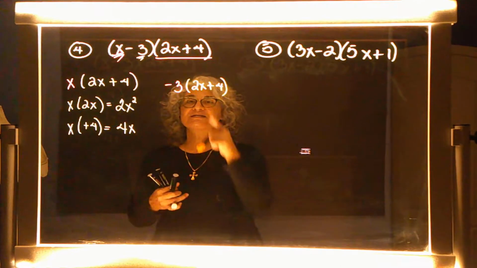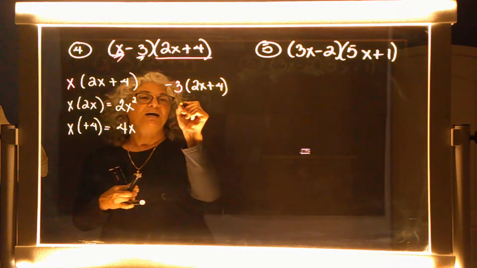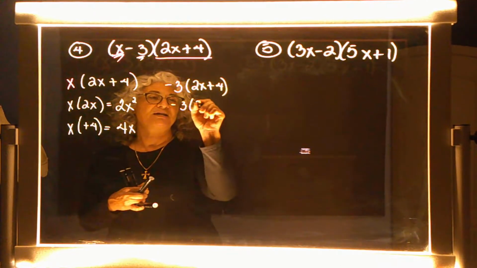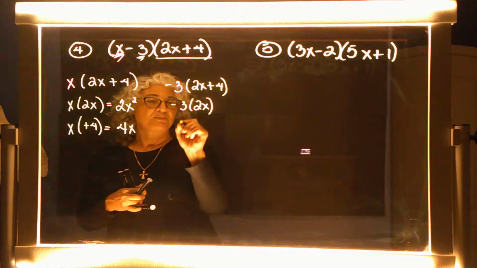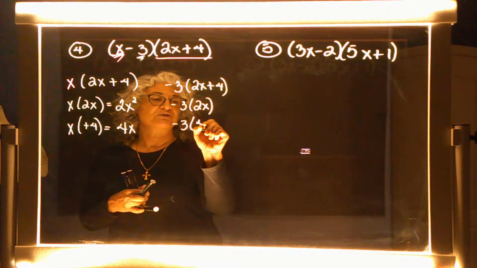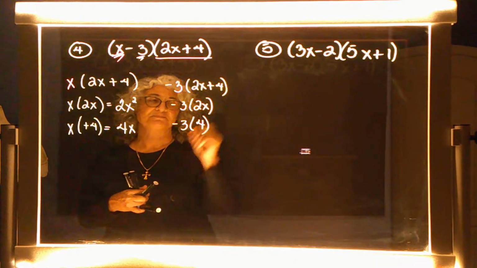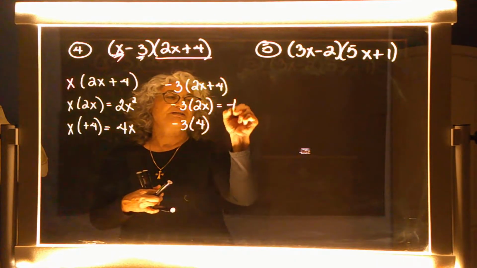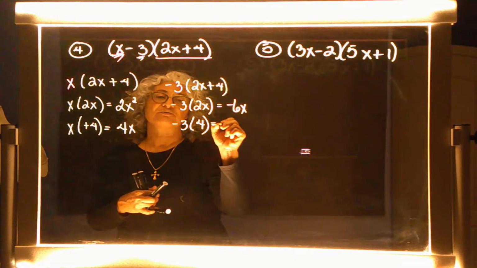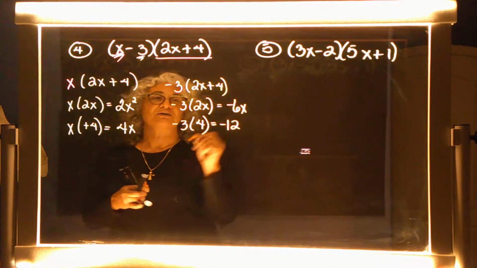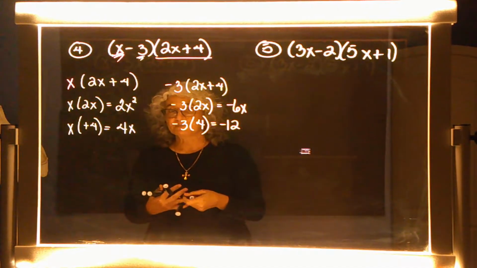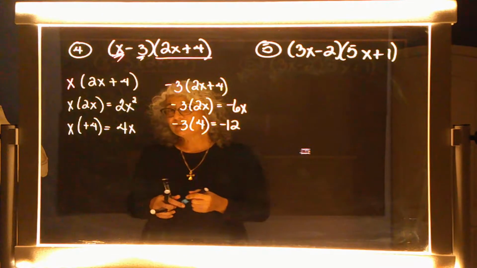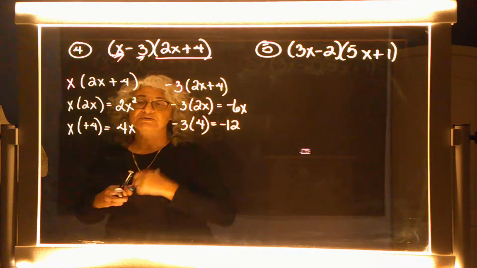Okay, this second distribution, I'm going to take that -3 and distribute to the 2x. But I'm also going to take that -3 and distribute it to that positive 4, aren't I? This will give me a -6x, and this will give me, right, a -12. Does that make sense?